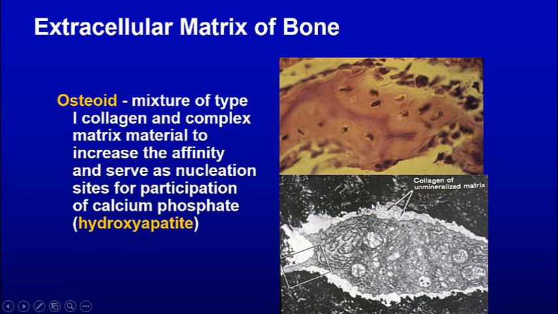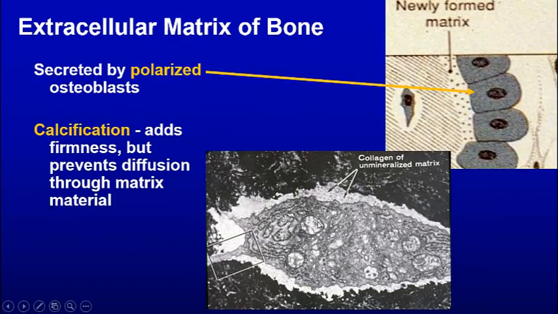Calcium phosphate as hydroxyapatite is the darkness that we see in the bone. The osteoid produced by the osteoblast and osteocytes, with the type 1 collagen, is a nucleation site for precipitation to occur. So this would be floating around and it precipitates in bone.